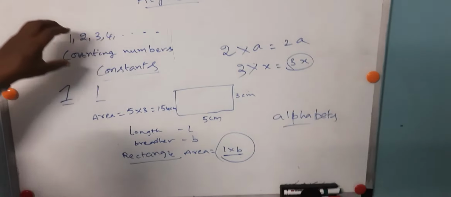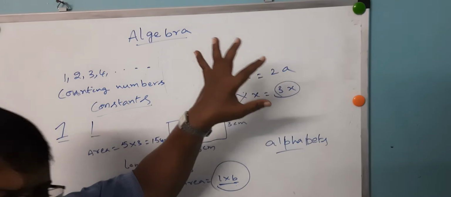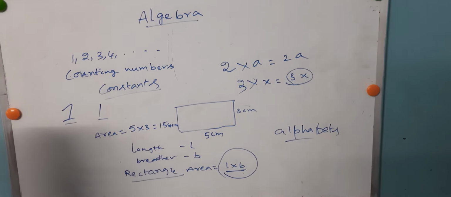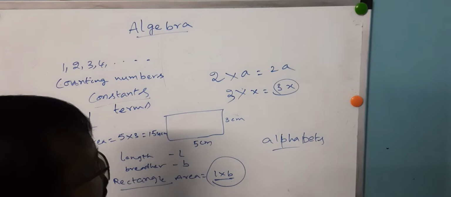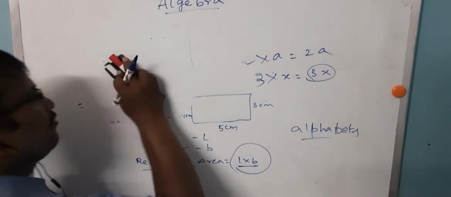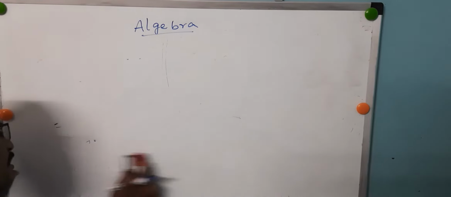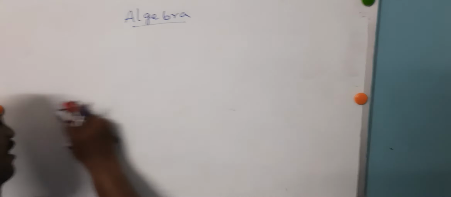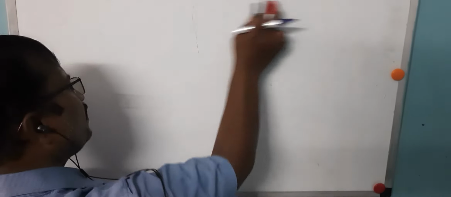So terms means constants, variables, and constants and variables together become terms. Constant is also a term, variable is also a term, and when we multiply a constant and a variable, we get a term.